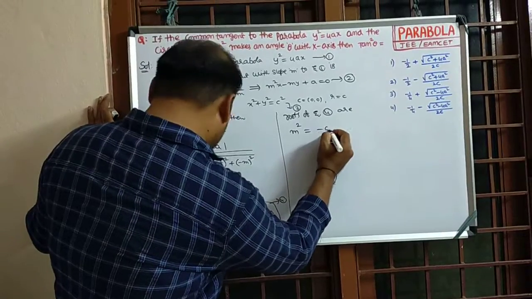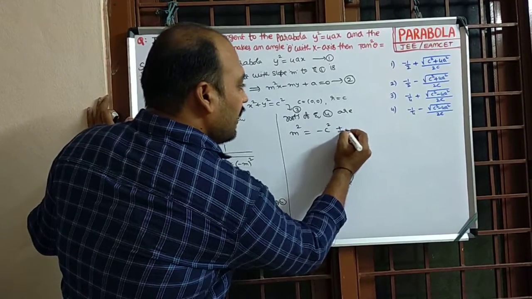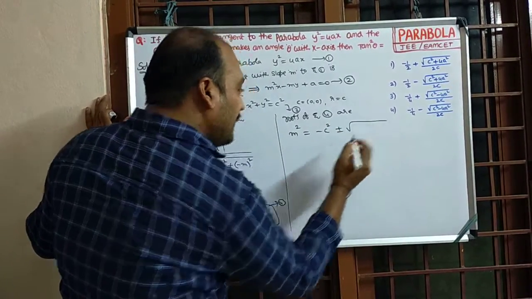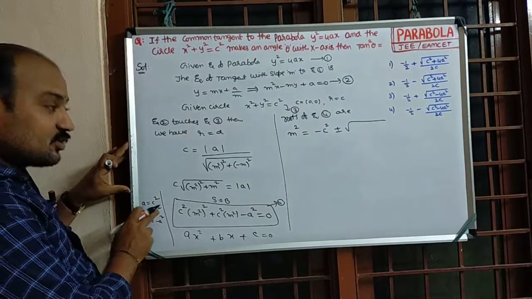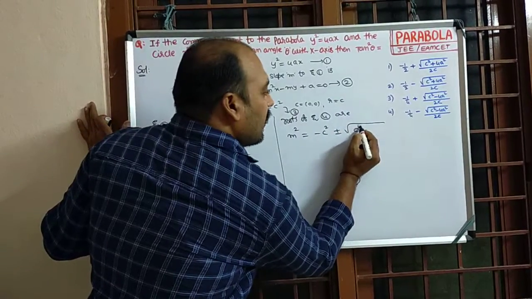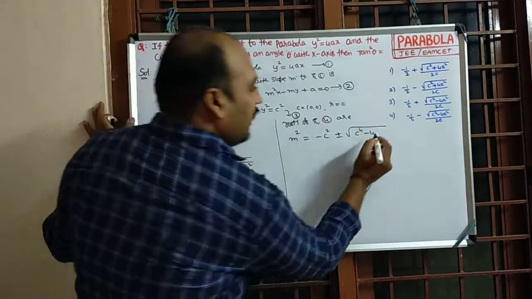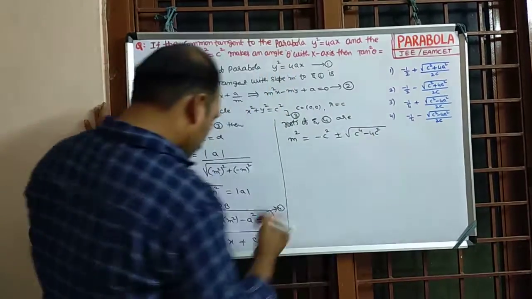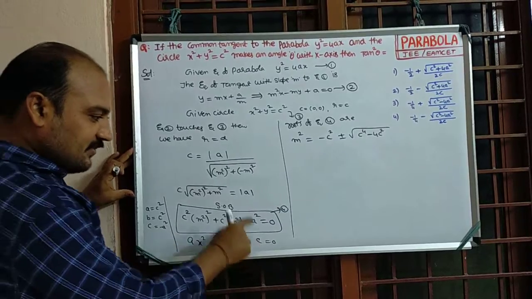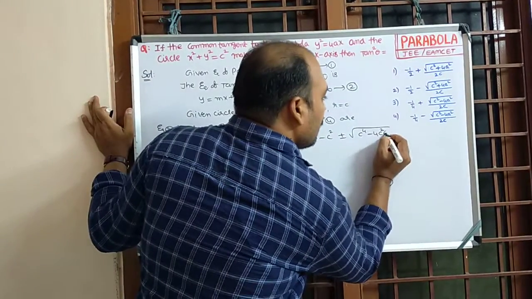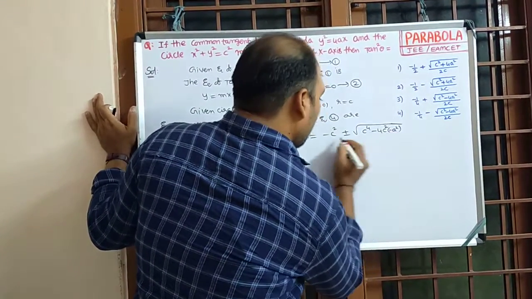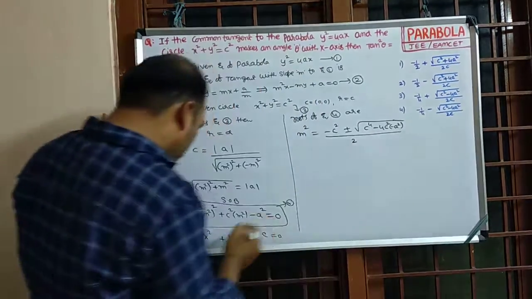Minus b means minus c square plus or minus square root of b square, b square means c square whole square, c power 4, minus 4 into a value is c square, 4ac, c value is minus a square, so minus a square, by 2a.